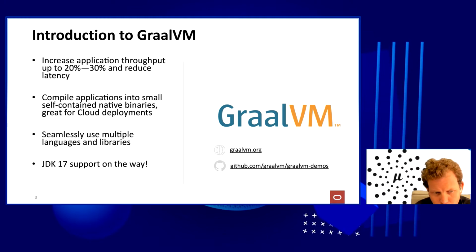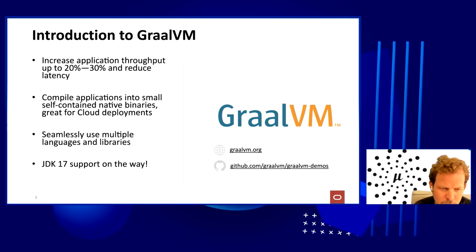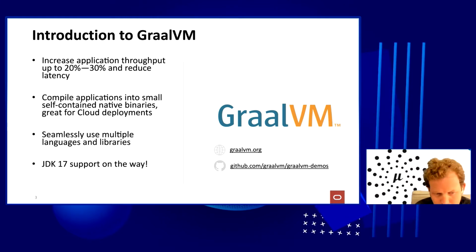Most people are probably familiar with GraalVM nowadays for its ability to compile applications into self-contained native binaries or native images. This is a really cool feature of GraalVM, and it's great for cloud deployments, serverless, CLI apps, low memory footprint microservices, IoT.